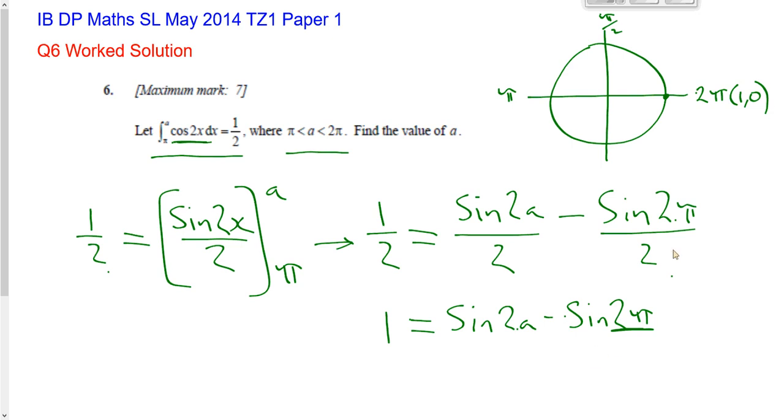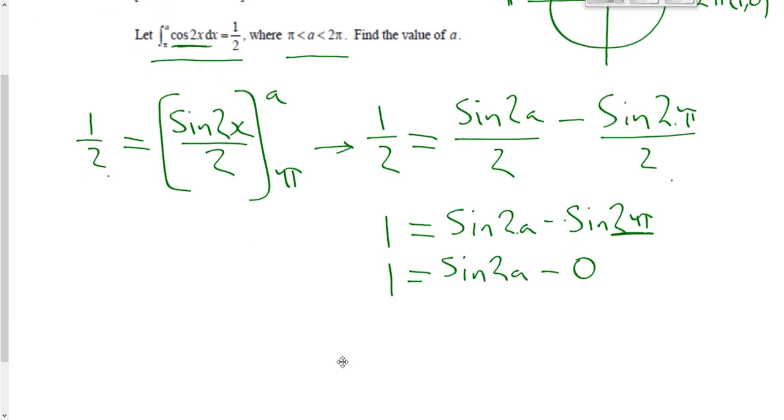Sine is the y component and the cosine is the x component. So we can see, due to our unit circle, that the sine of 2 pi is actually 0. So we know that 1 is equal to the sine of 2a minus 0. Therefore, we have sine 2a is equal to 1.